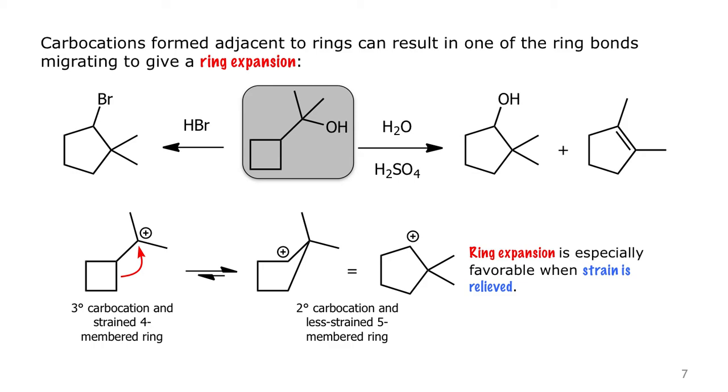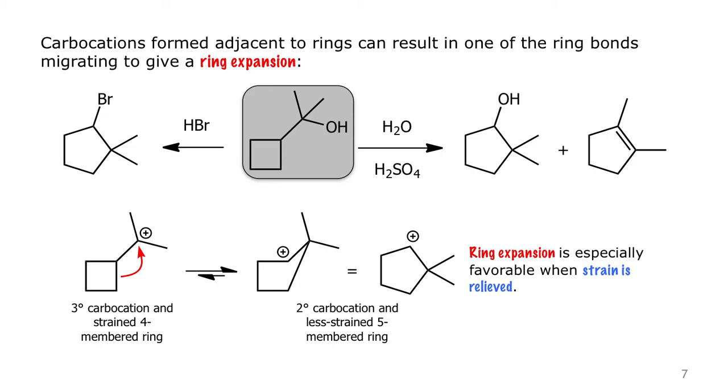Let's look at a couple other instances of how carbocation rearrangements can play out in interesting ways. In this example, starting here with the compound in the gray box, we have a cyclobutane ring attached to this tertiary alcohol, and a couple different reactions can occur.